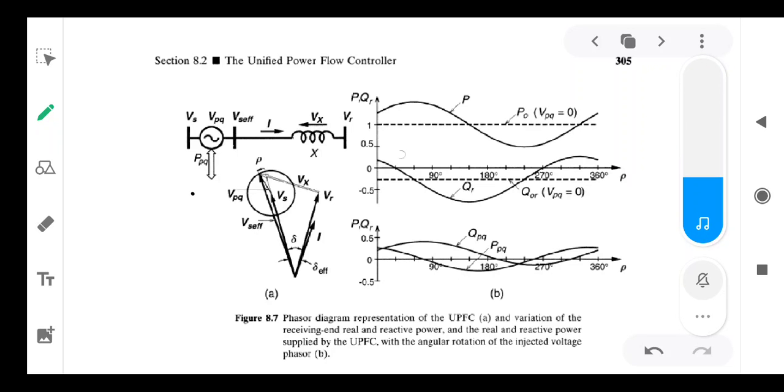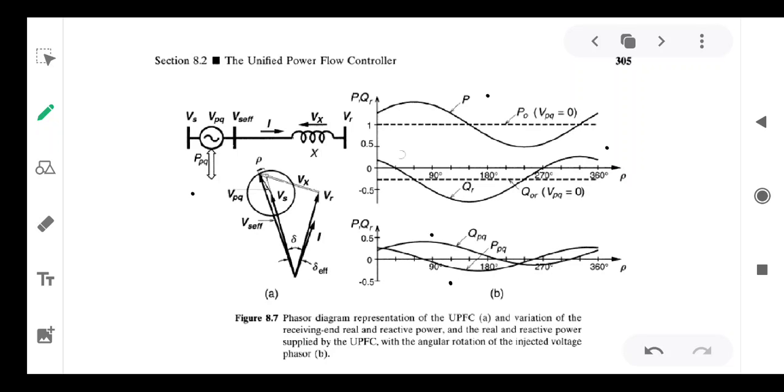Therefore VPQ can be controlled so that you can control both PPQ as well as QPQ. This is the power variation, and this is the reactive power variation of the compensator.